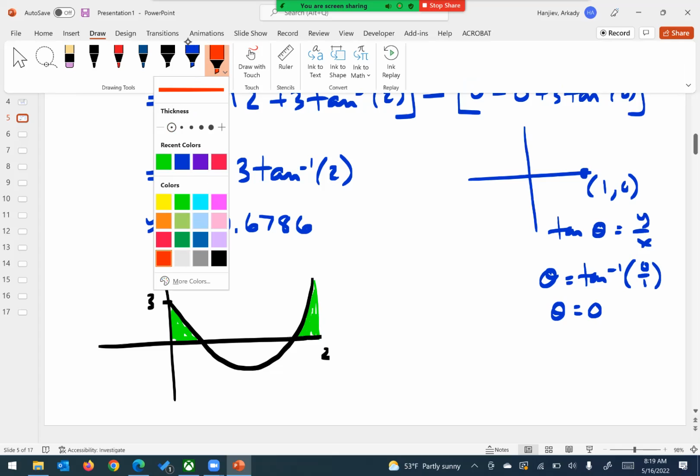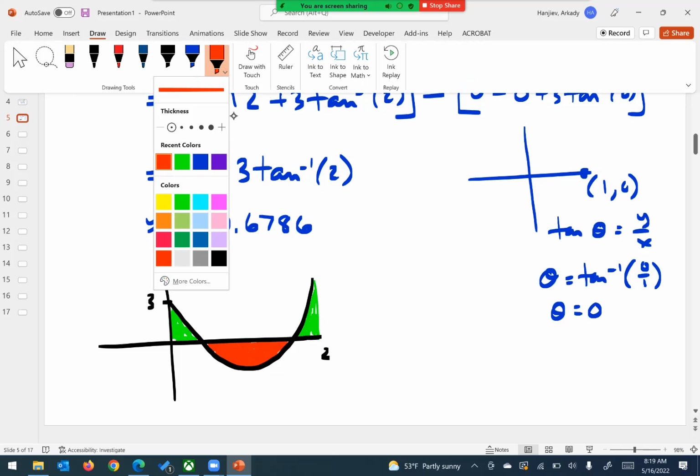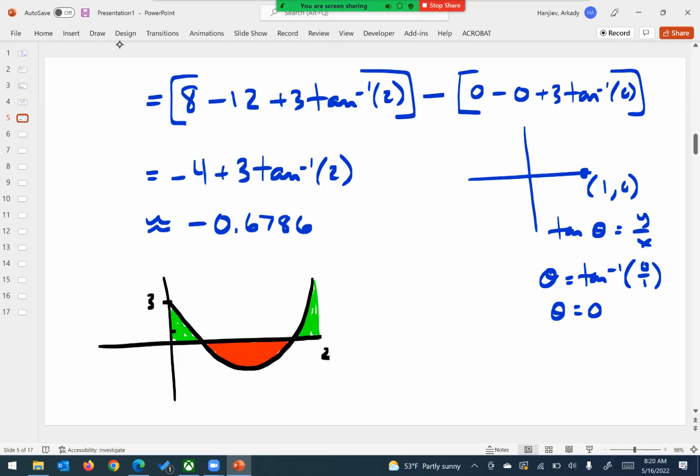And this area here is negative. And so when you add up all the areas together, the area that's negative beats out the positive area just by a little bit here. All right. Okay, so positive here, positive there, negative there. Cumulatively, it's still negative.